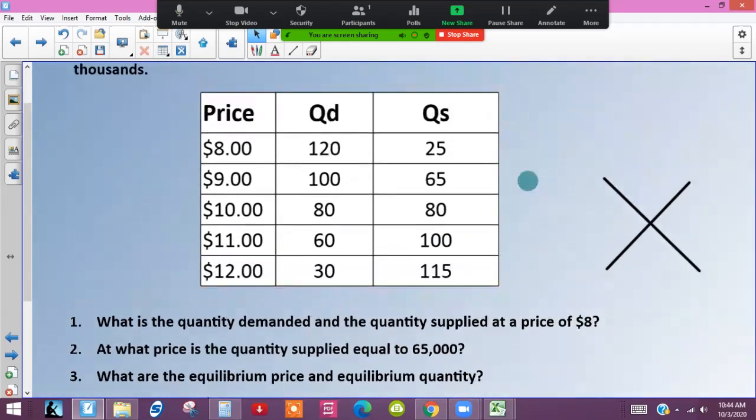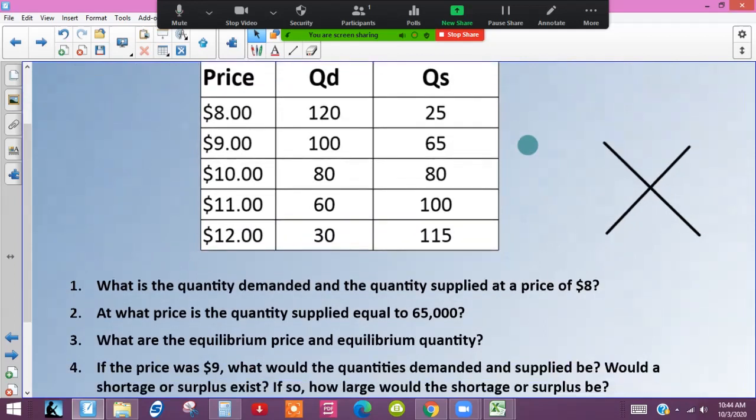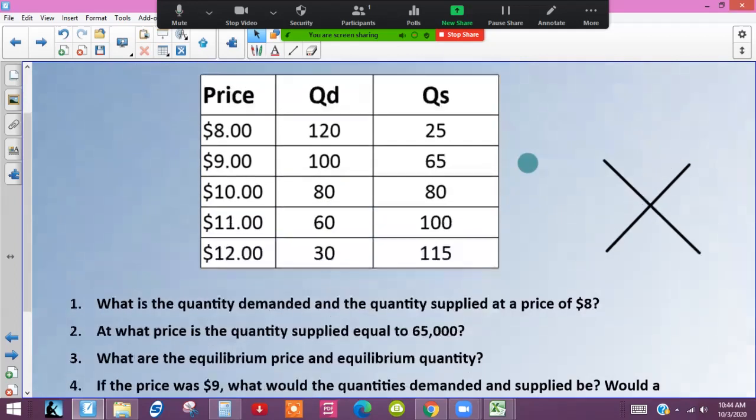So if you understand this type of model, and you understand where you're going to find market equilibrium price, where quantity demanded equals quantity supplied, and you understand the impact of the price being either above or below.